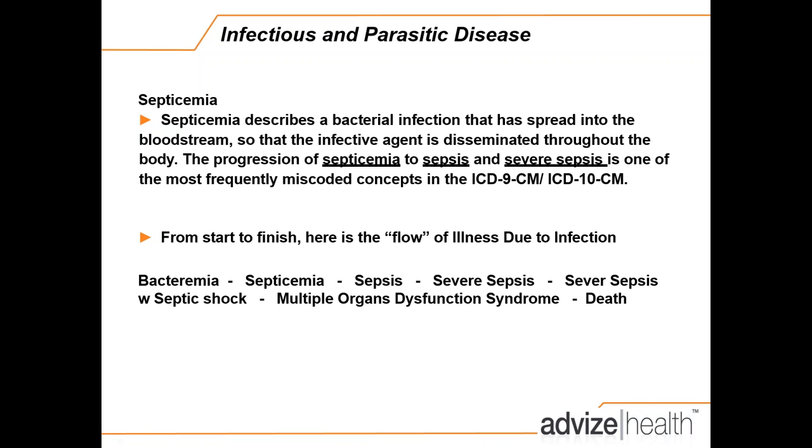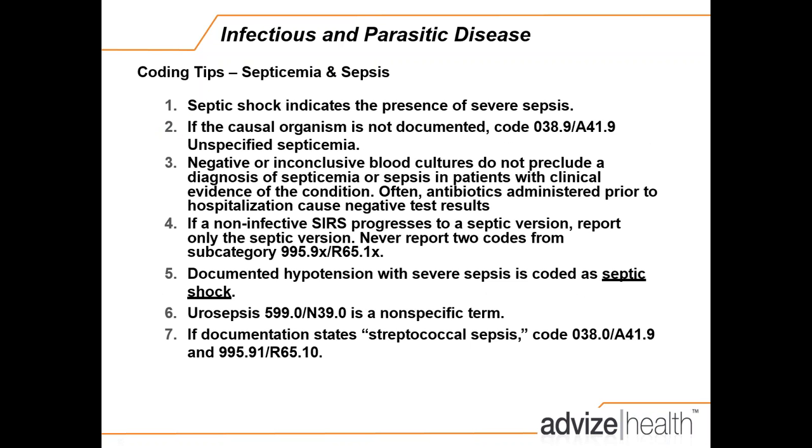Then, depending on the severity, it goes up to severe sepsis with shock, and then multiple organ dysfunctions, and then possibly death. So this is just information on the flow of septicemia and where the patient is in whatever particular stage of the flow.